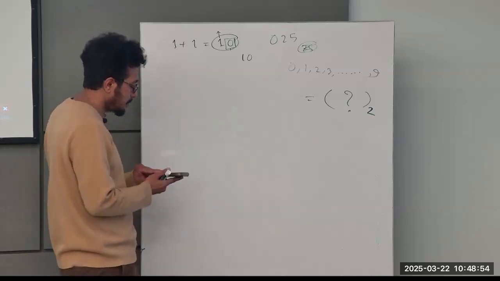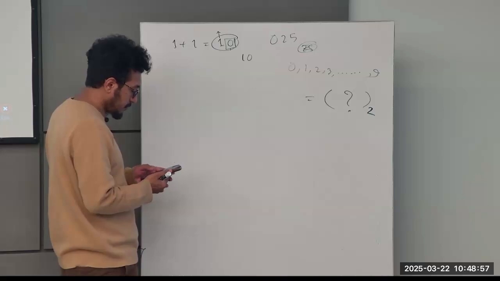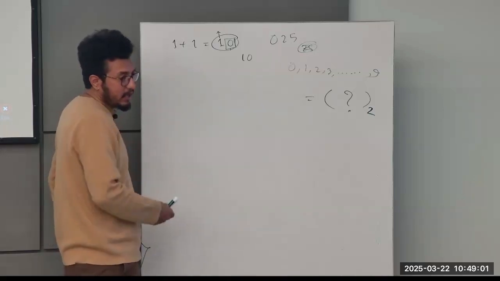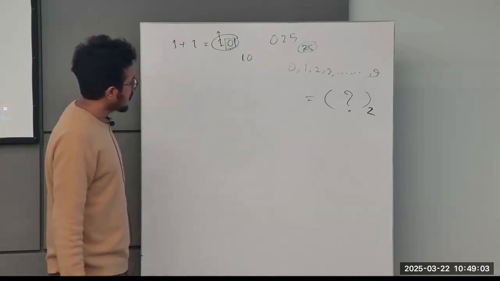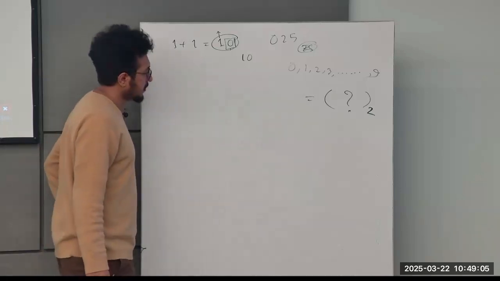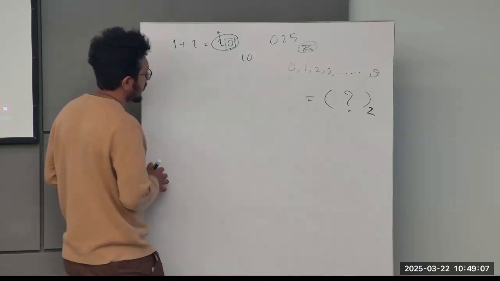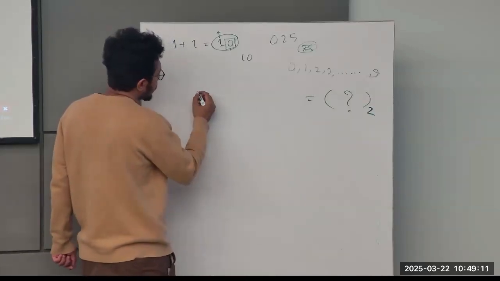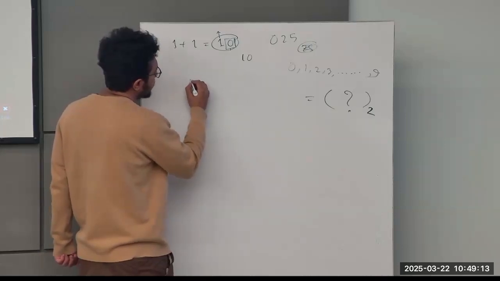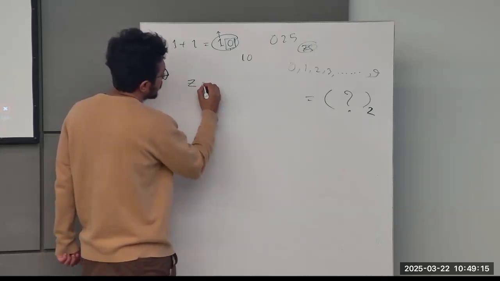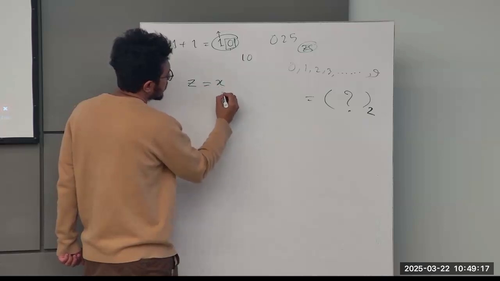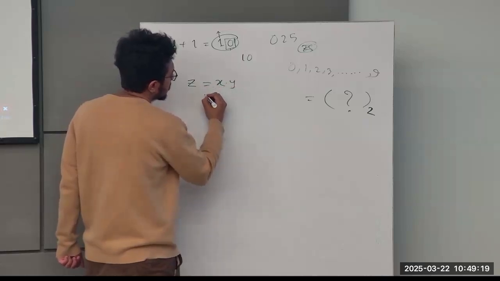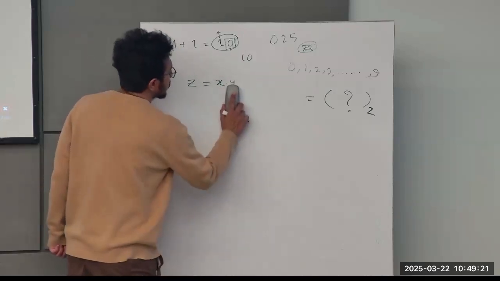A truth table is the complete array or complete result of the Boolean function. Let me revise the concept a little bit. For example, if I tell you that I have a Boolean function z, which is basically x and y.